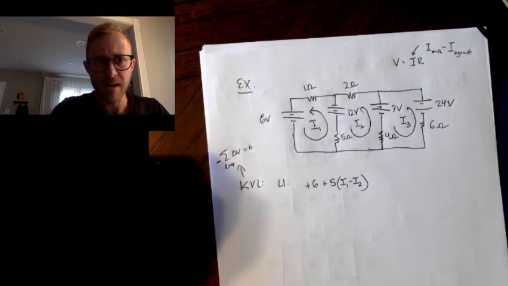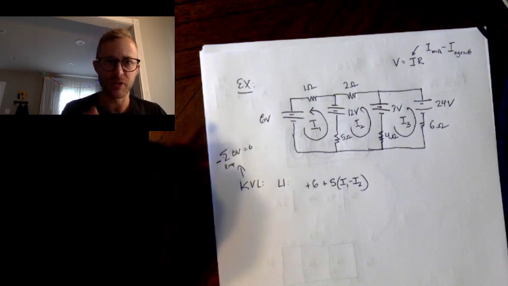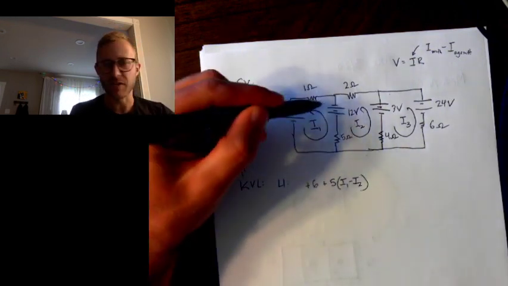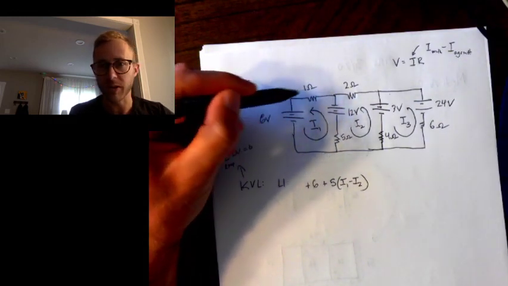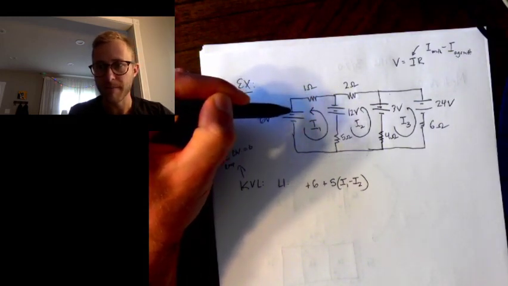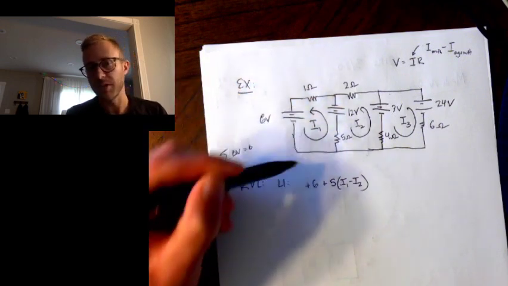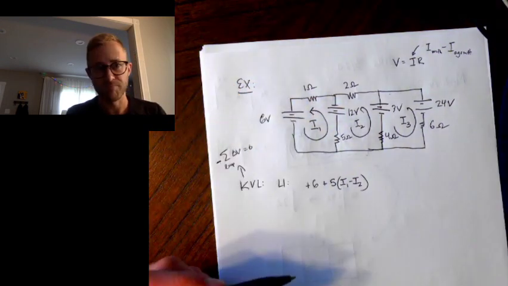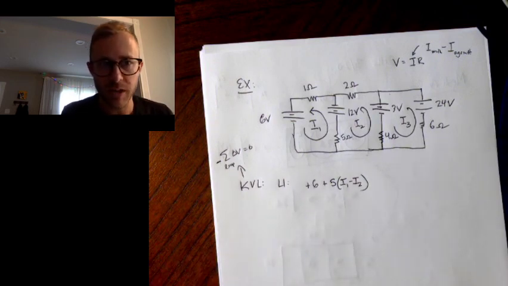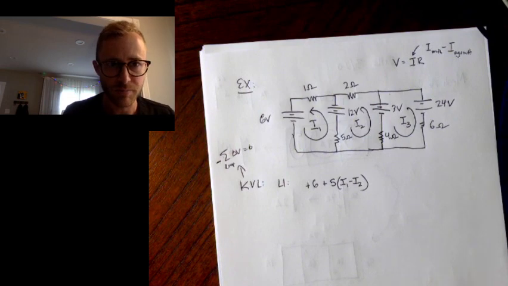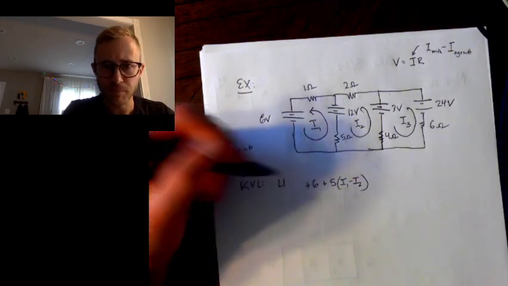So I find it easier to just write down the sign of the one that I run into. So if I'm going around the loop like this and I run into the positive terminal, then I just write plus 6. Okay, and that has the effect of essentially multiplying the equation by -1. So you'll see that you get the same answer if you do it this way.